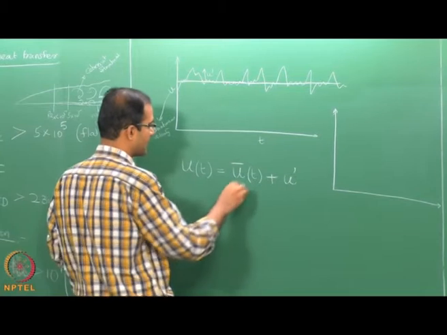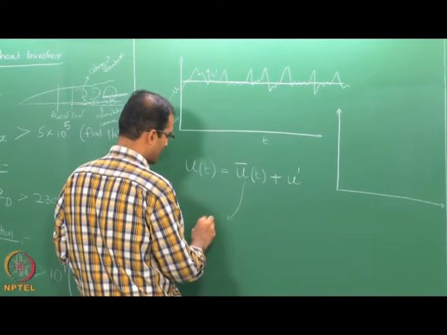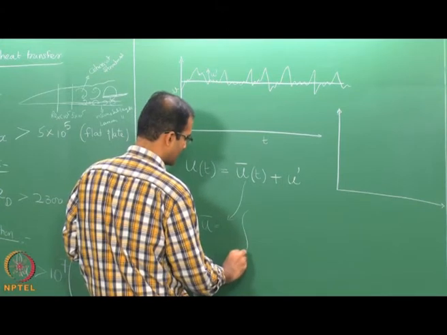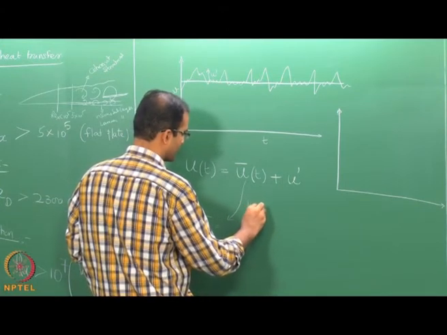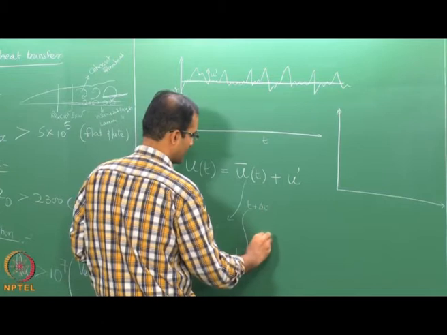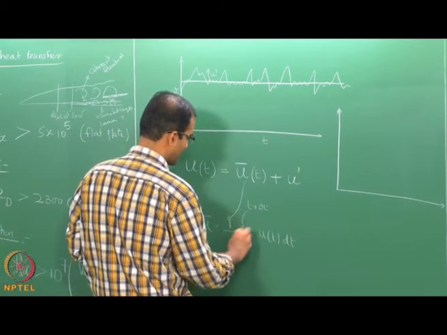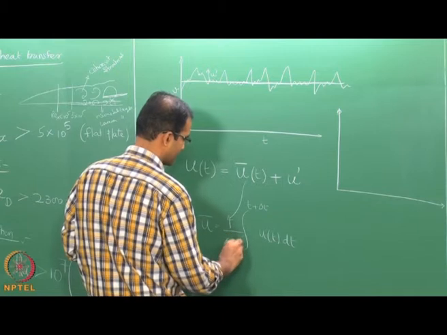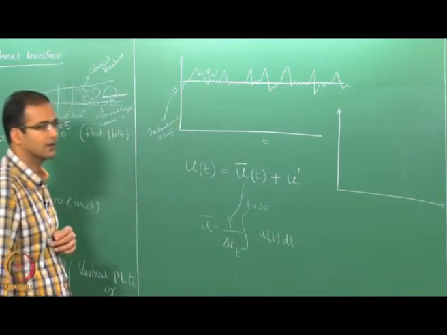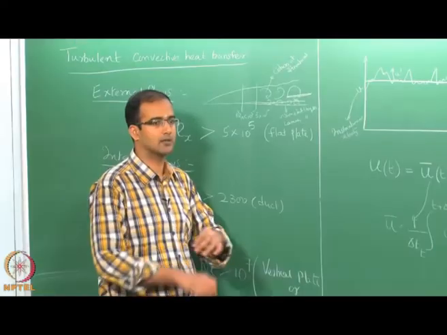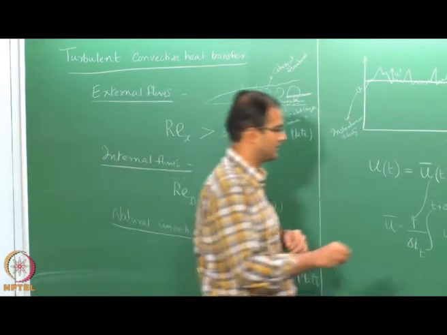So, when we say mean velocity here, how do we calculate it? This is nothing but the integral from time t to t plus delta t of u of t dt, times 1 over delta t. Okay. So, we can do some kind of averaging. In this case, I have done what is called a time average. Okay.